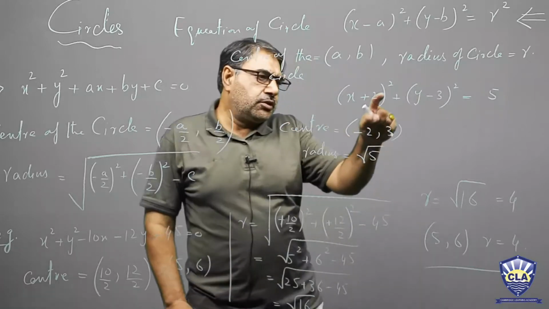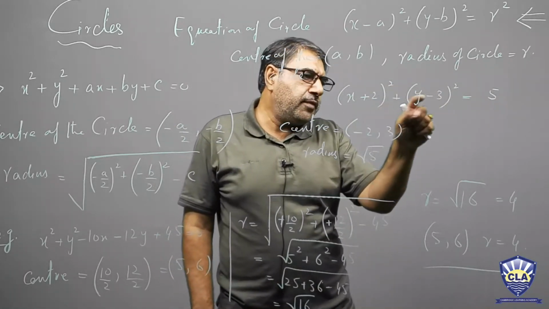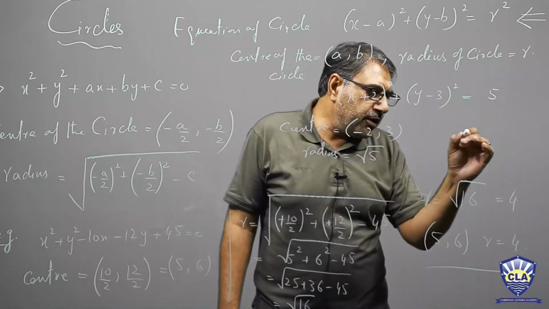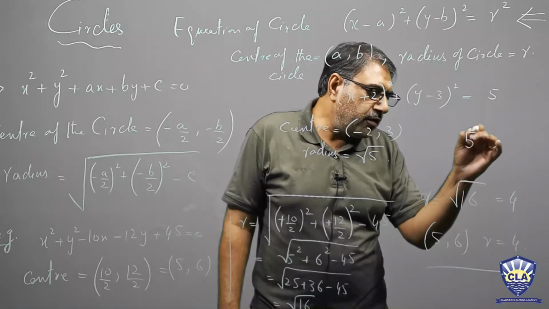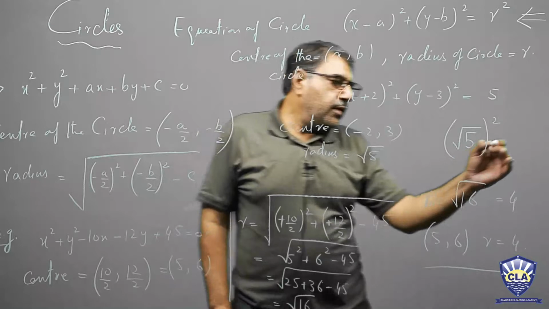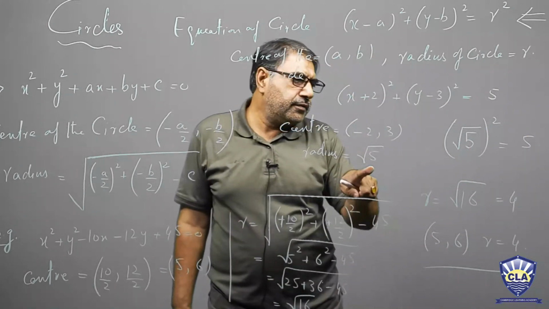In this case, the three squares are not: 2 are there, (x plus 2) whole square, (y minus 3) whole square, and it is 5. So 5 can be written as under root 5 square. It remains 5. So radius is under root 5.